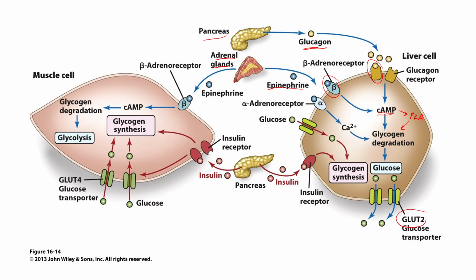Epinephrine is secreted in expectation of the need of more blood glucose during the fight or flight response. And so a lot of energy might be needed to help with that stress response. And so epinephrine is helping to ultimately activate that same pathway to release glucose, but for a different reason.